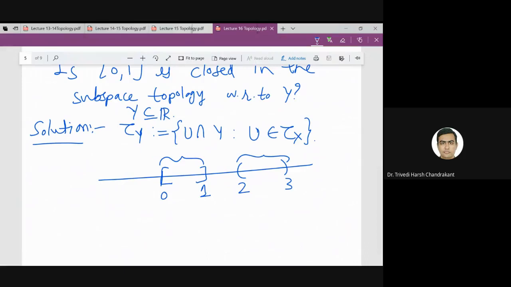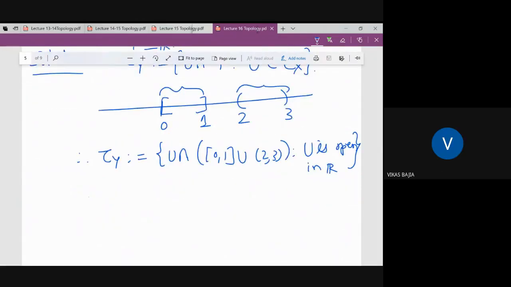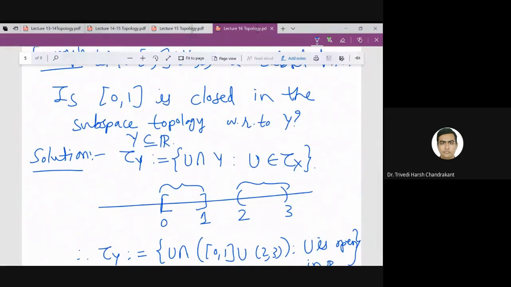So what is tau Y? Tau Y is basically U intersection this set, closed interval 0 1 union open interval 2 3, where U is open in R. X is equal to R, yes, that I mentioned here.